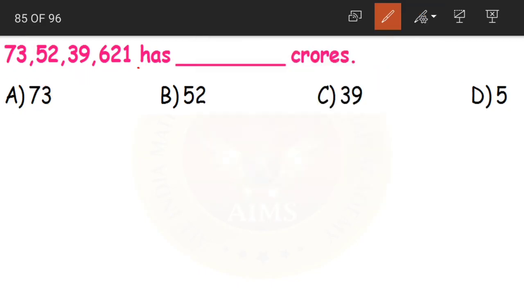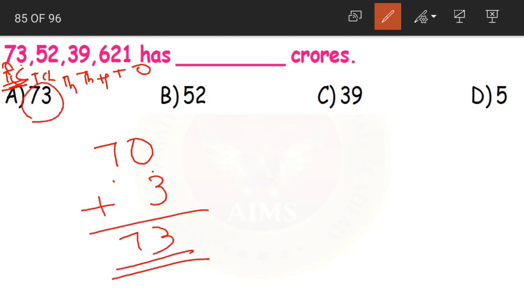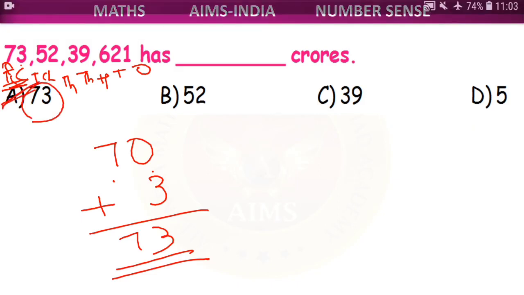Or you can write all the place values: ones, tens, hundreds, thousands, 10,000s, lakhs, 10 lakhs, crores and 10 crores. Now in the crores places, what do we have? In 10 crores we have 7, that means 70, and in the crores we have 3, so 70 plus 3 becomes 73. So 73 crores, option A, is our correct answer.